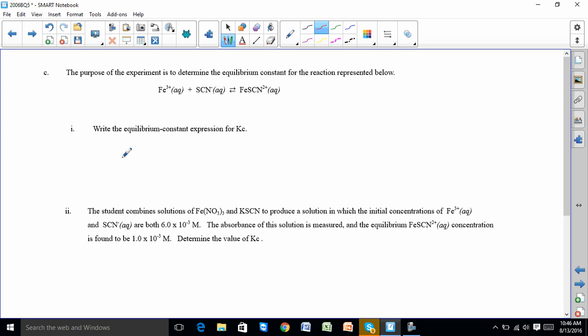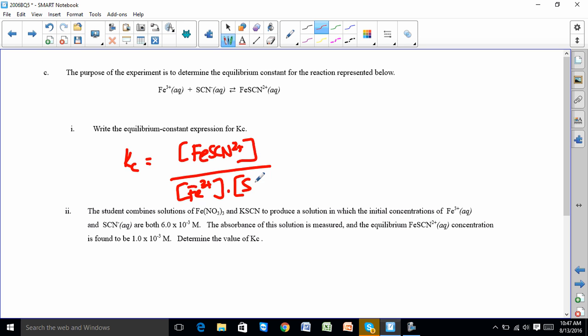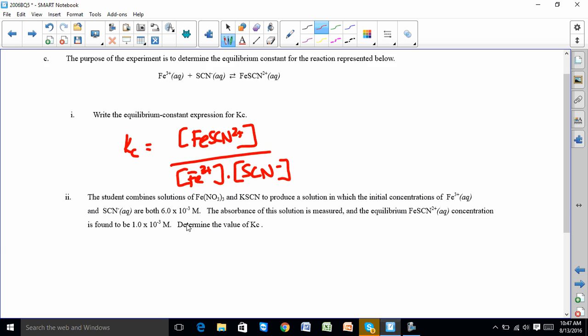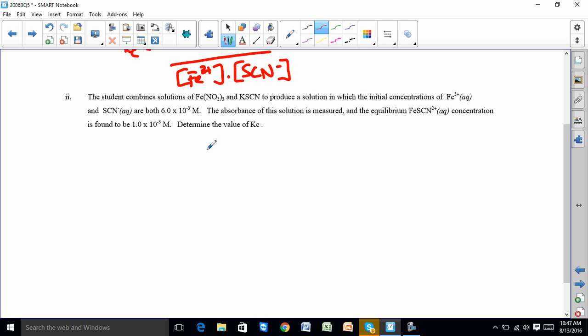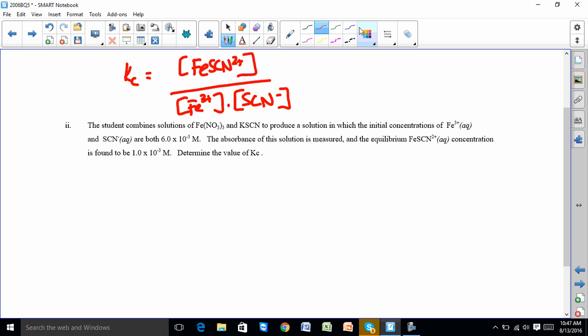Well, the equilibrium constant, remember, it's right over left. All right. The first time I took this test, I did this problem wrong. So here's the deal.